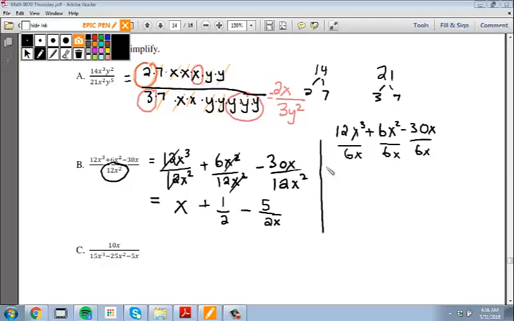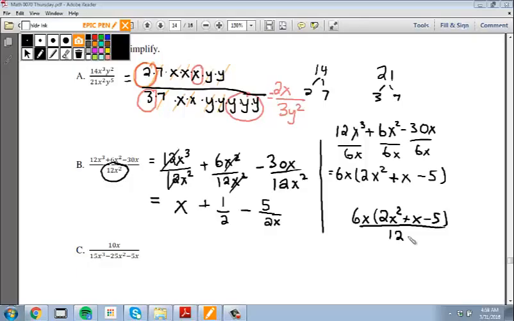So that means that the numerator is actually 6x times 2x squared plus x minus 5. This is a factor. I know that this is actually 6x times 2x squared plus x minus 5 all over 12x squared.